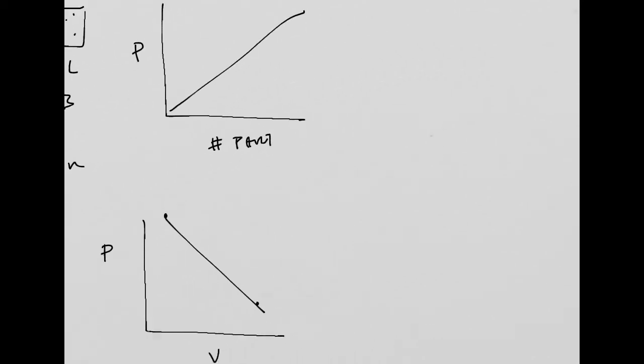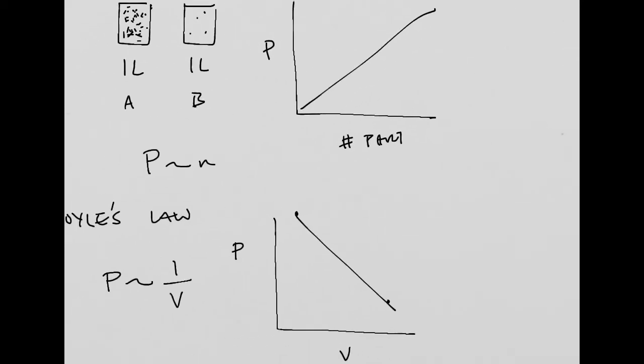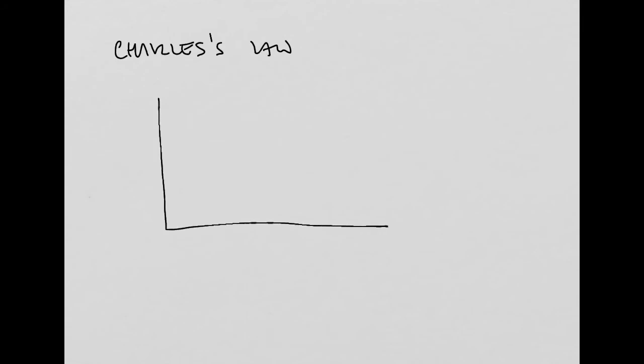And then we go to Charles's law. Let me go to a new page here. With Charles's law, if you recall what we talked about in class, that's the one that connects the temperature to either pressure or volume. In this regard, if we were to graph the same sort of thing, let's just choose volume this time, and we have temp in K over here.